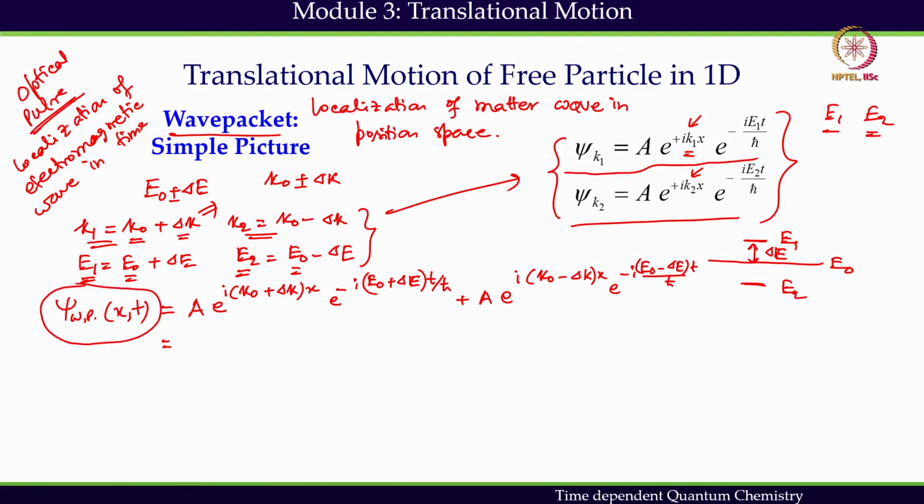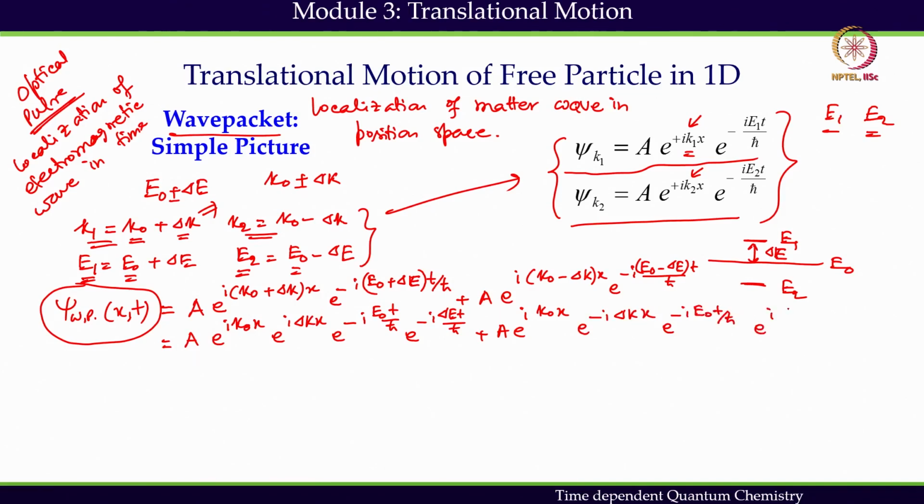And one can further simplify this as e to the power i k naught x, e to the power i delta k x, e to the power minus i E naught t by h cut, e to the power minus i delta E t by h cut, plus e to the power i k naught x, e to the power minus i delta k x, e to the power minus i E naught t by h cut, e to the power i delta E t by h cut.